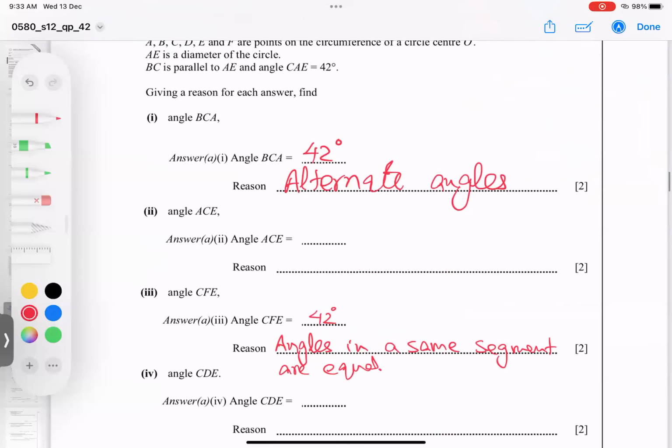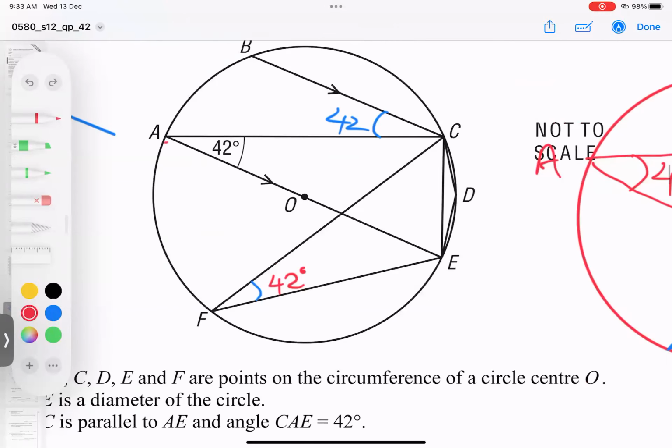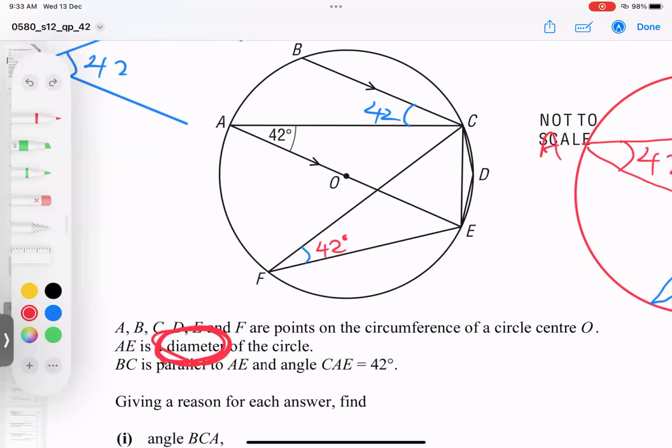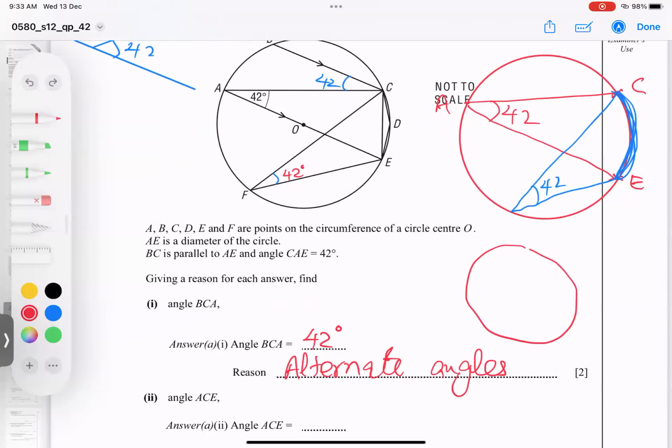So this is done. Now, where is ACE? ACE, he talks about this angle, this triangle. Look, I drew this triangle. He talks about this angle, and here he uses the word diameter. So this is the diameter, and you know a very important property I'm going to show you here.